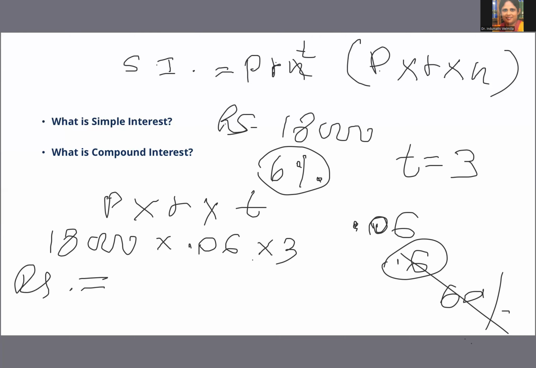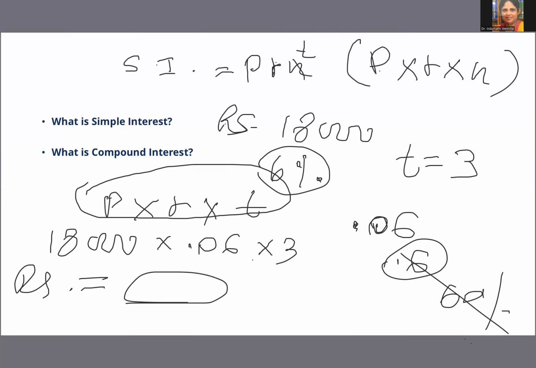Via this formula we can get the interest. If you want to find the total amount, that means principal amount plus interest, then you can add this interest to the principal amount, and it becomes the total amount that should be paid.